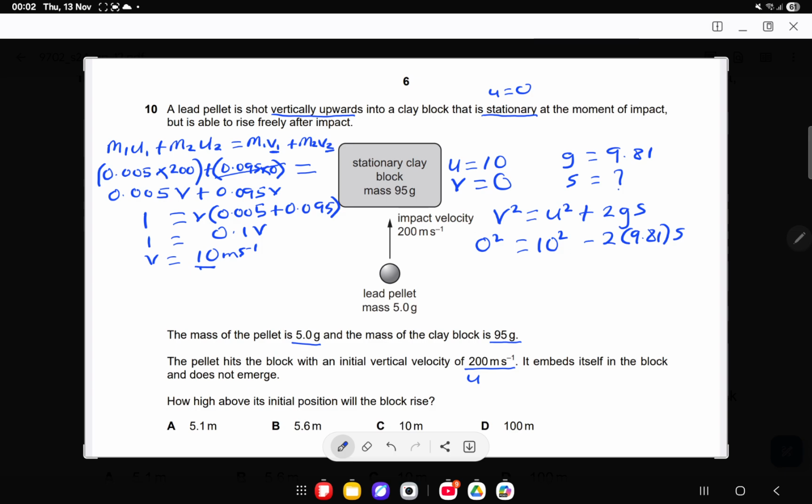When I simplify it, I will get 19.62s to be equal to 100. My s is now equal to 100 divided by 19.62, which is equal to 5.1 meters. So my answer is A.